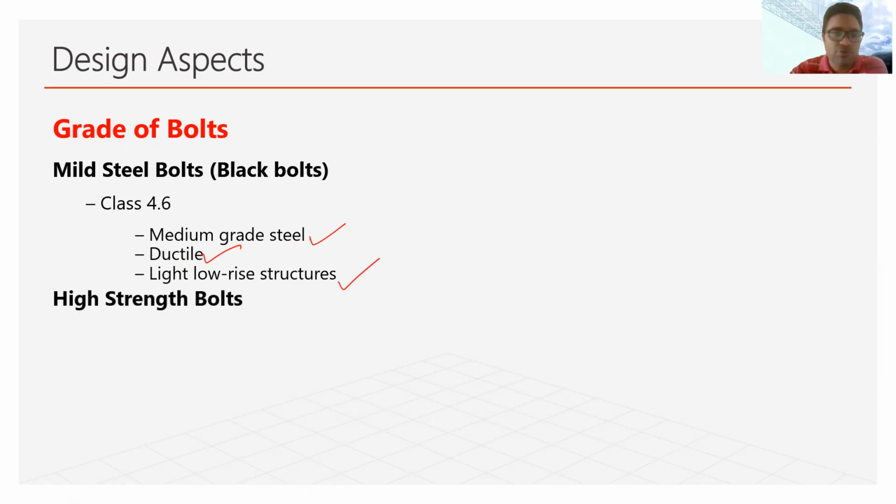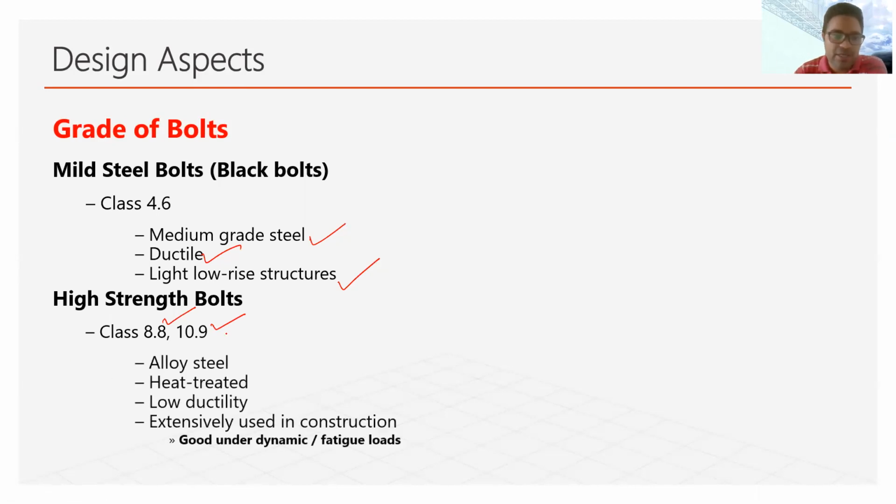Similarly, if we talk about the high strength bolt, their class is 8.8, 10.9 or higher, and their properties are alloy steel, and they are heat treated, generally normalizing, annealing, quenching, all these kinds of heat treatment are given to these bolts.